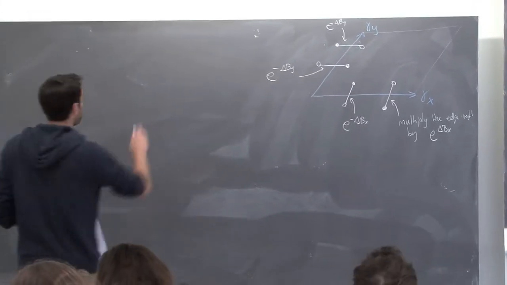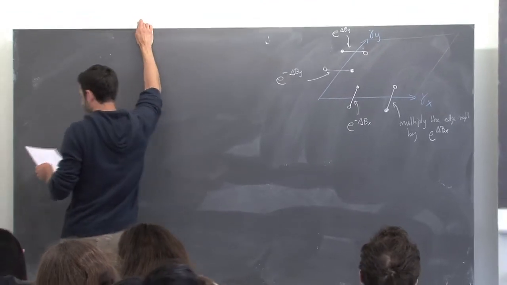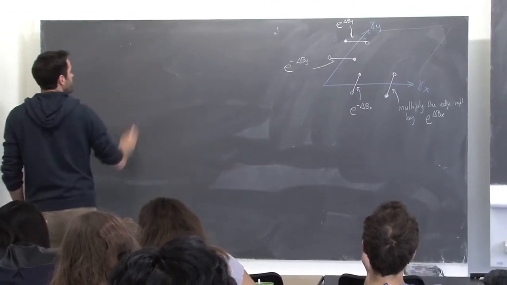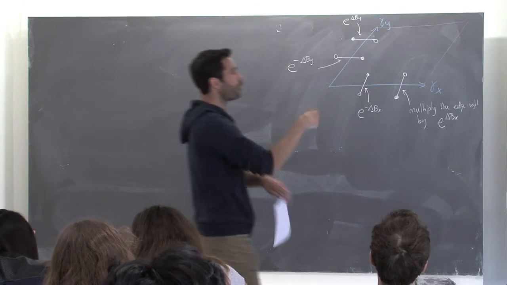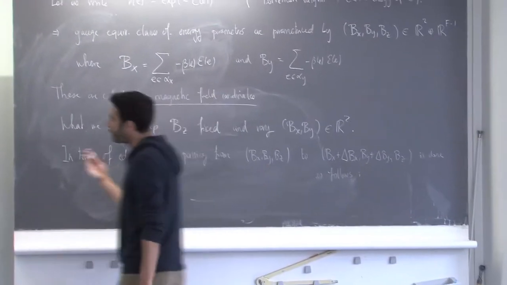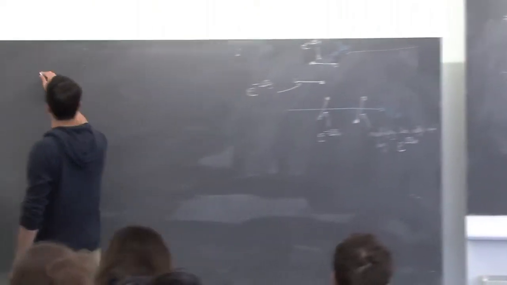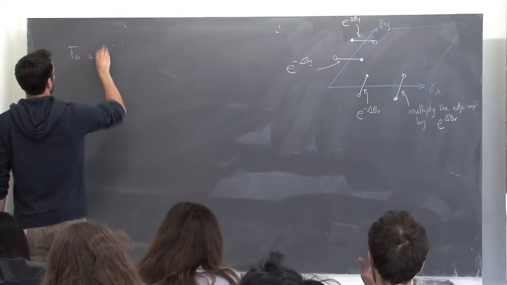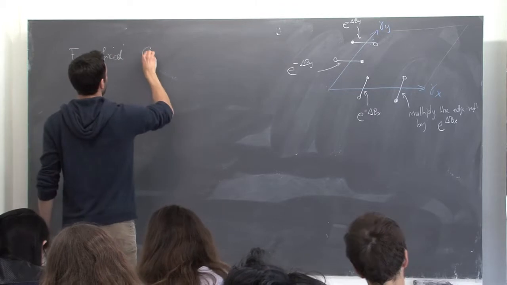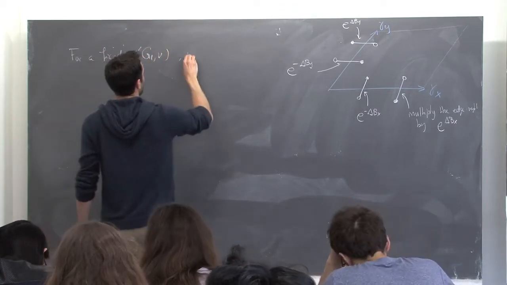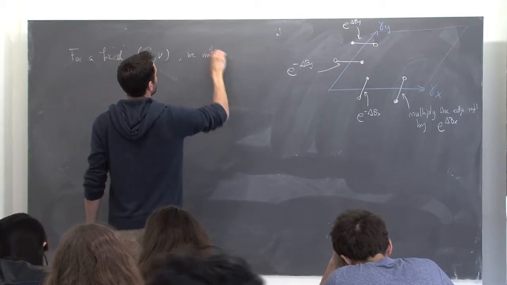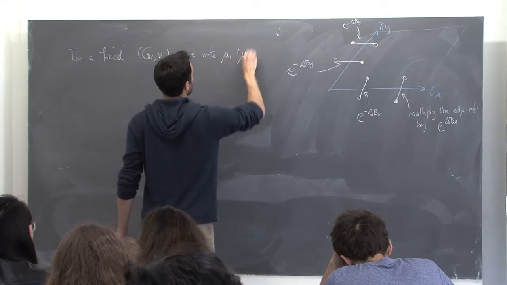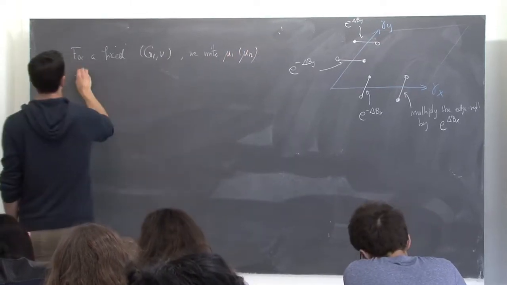Okay. So I just need now a notation for the new measure where I have magnetically altered the parameters. So for a fixed G1 nu, we write nu1 and then mu n for the corresponding measures.